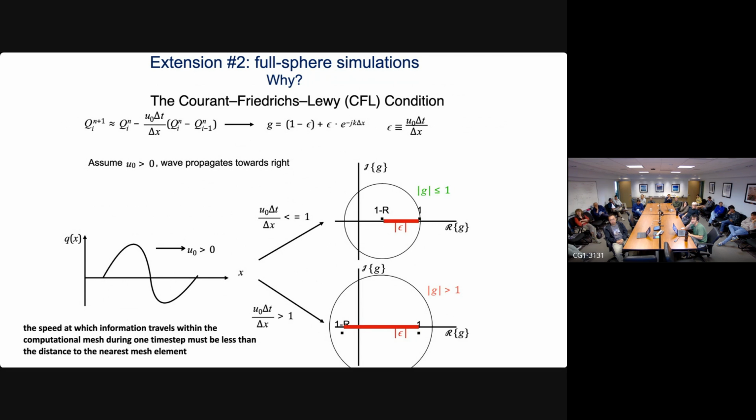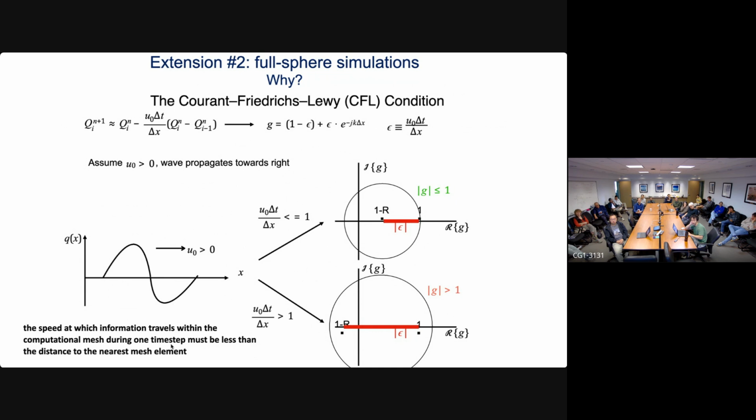The CFL number tells us that a numerical scheme is unconditionally unstable if the time step over the cell length is larger than 1. On the other hand, the method is conditionally stable if the time step is less than or equal to the cell length.